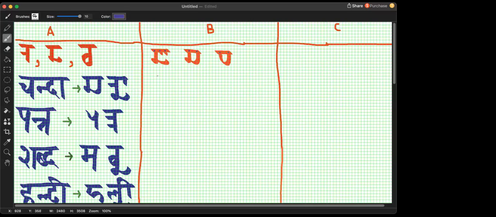Let us try a word here. Say Sajjana. Okay. I'll first write it in Devanagari. Okay, this is Sajjana. The J is 2 times here.